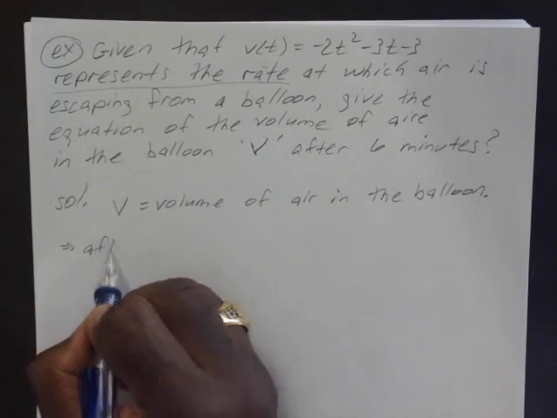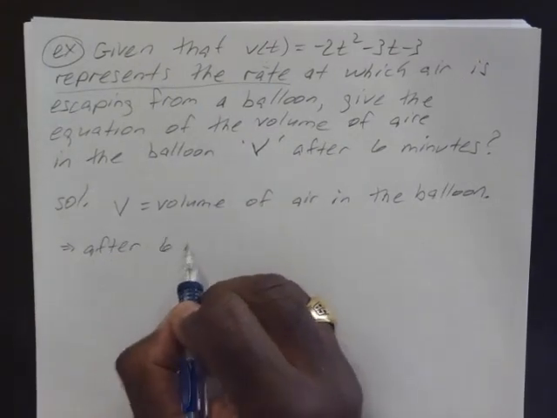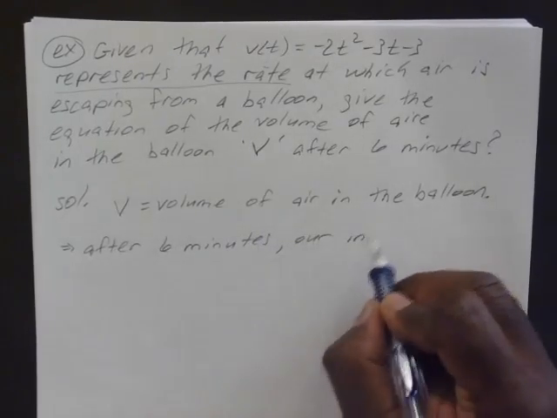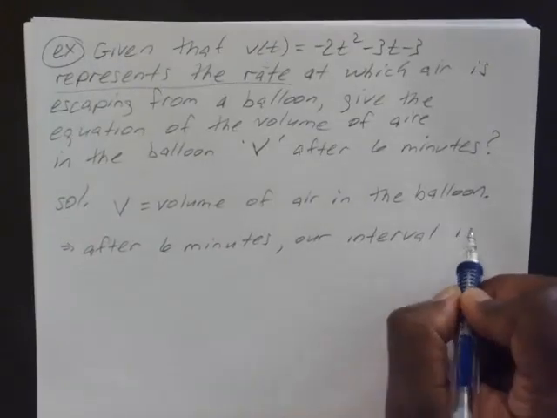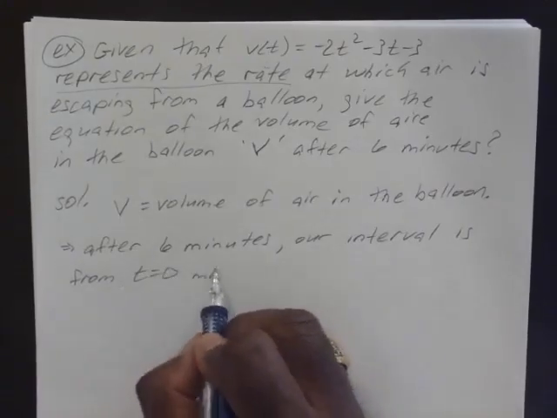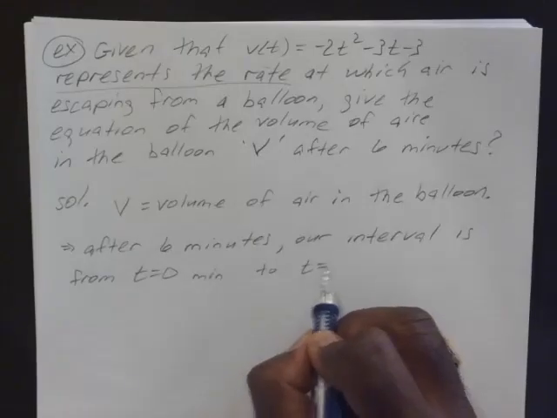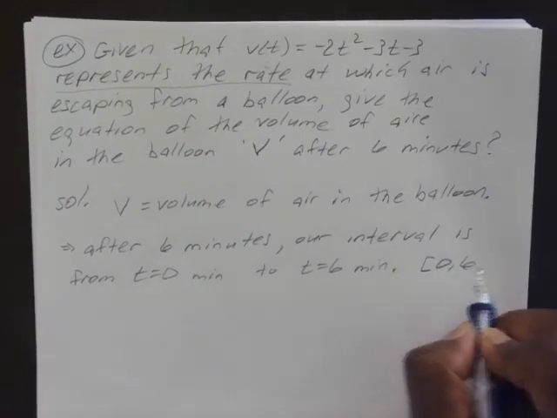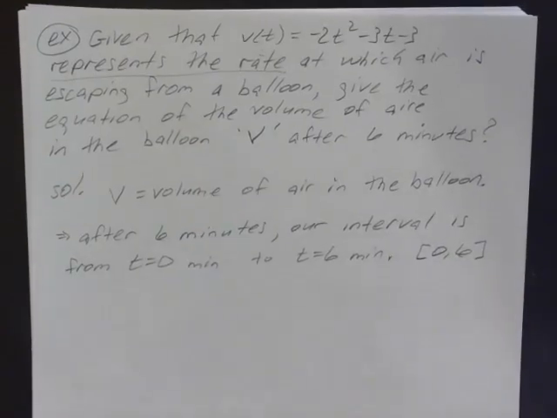So we know that after 6 minutes, we know our interval is from t equals 0 minutes to t equals 6 minutes, or you can just say from 0 to 6. Okay. So does that make sense so far?